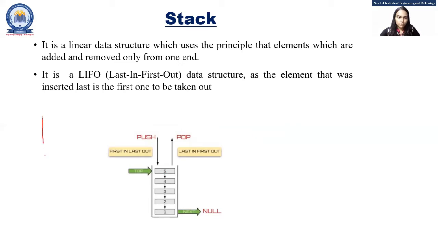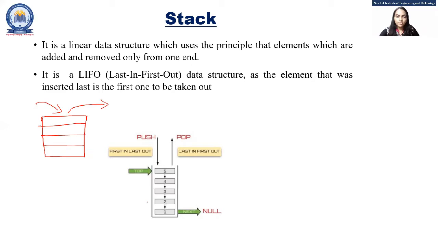So the structure is something like this. Here we can add or delete elements one by one, but it can be done only from one end, right? So either we can delete or we can add, but one condition is there, that it has to be from one end. And that's why it is called a last in, first out data structure. Why?